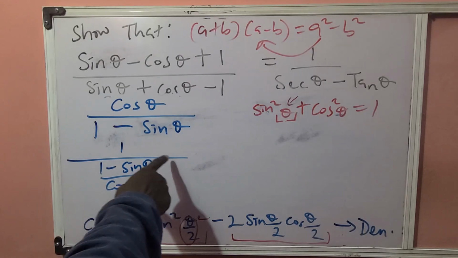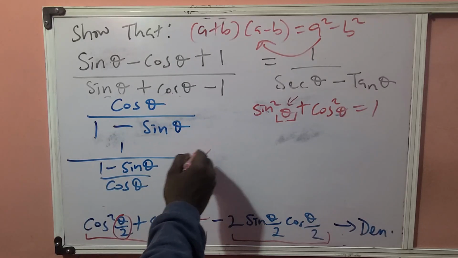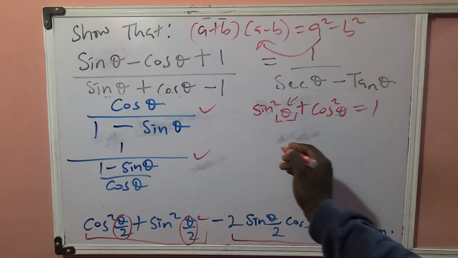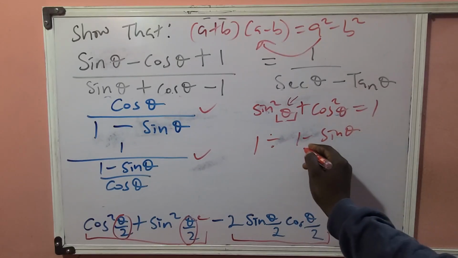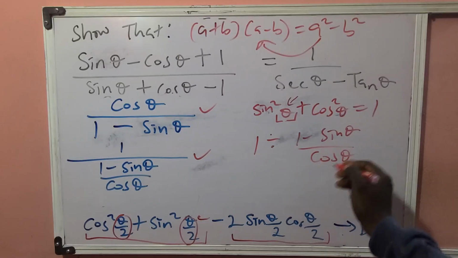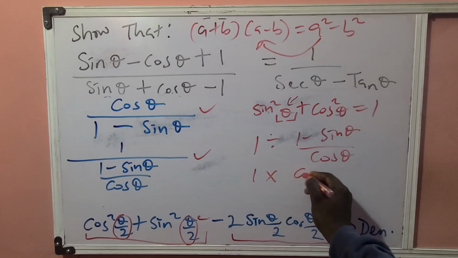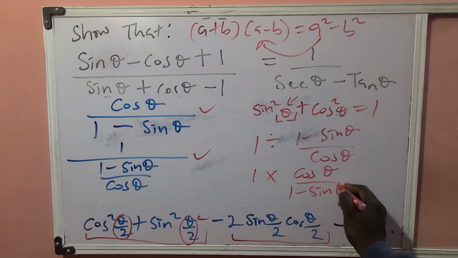What I wrote here is the same thing as what is here. For those of you probably having an issue understanding what I just did, you can examine it. This is 1 divided by 1 minus sine theta over cos theta. If I change this to times, I'm changing this to cos theta over 1 minus sine theta, which is still the same thing.